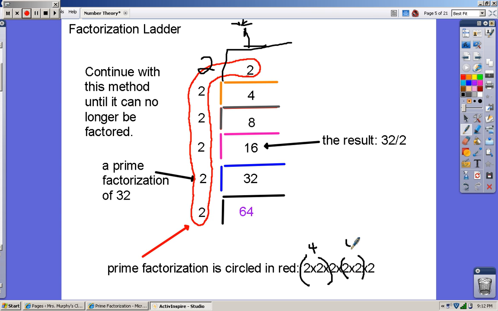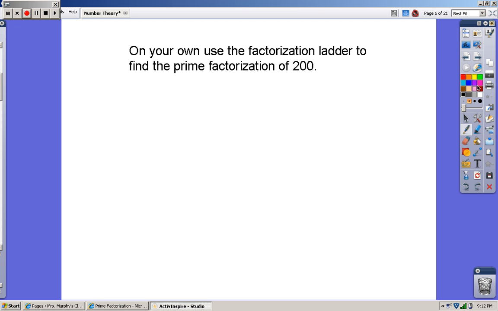This one's making me happy right now. And then I'll grab these 2 guys right here. They equal 4. 4 times 4 is 16, and then 16 times 4 is 64. So, double checking it just to make sure we did it right, and we did. So well done. That's the way you can use the ladder.